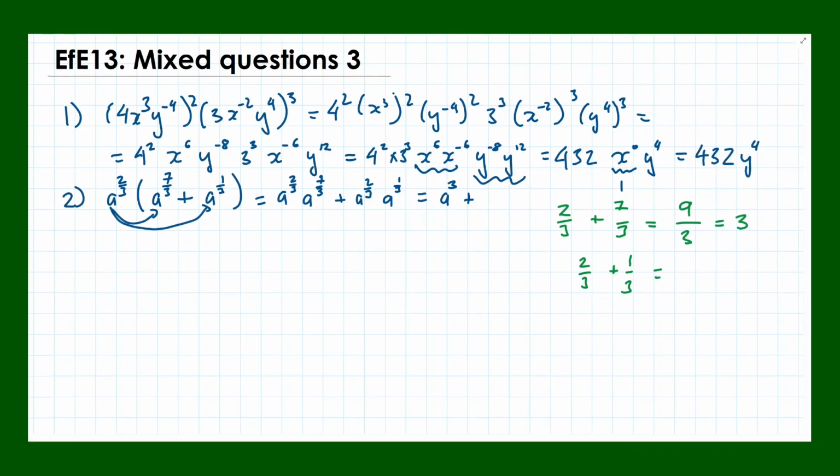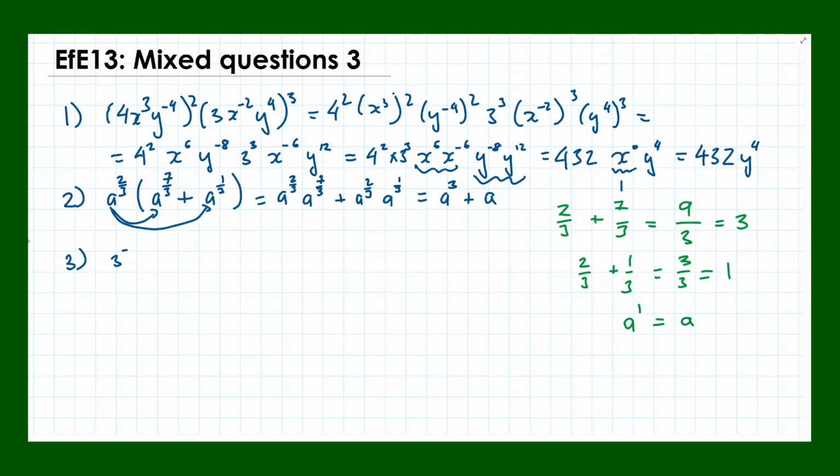Again, they have the same denominator, so I can just add the numerators together. That's going to give me 3 over 3, which is equal to 1. Now, I have to remember that any number to the first power gives the base back. So all I have to do now is replace the second term with a. Problem solved. Much simpler. A cubed plus a.